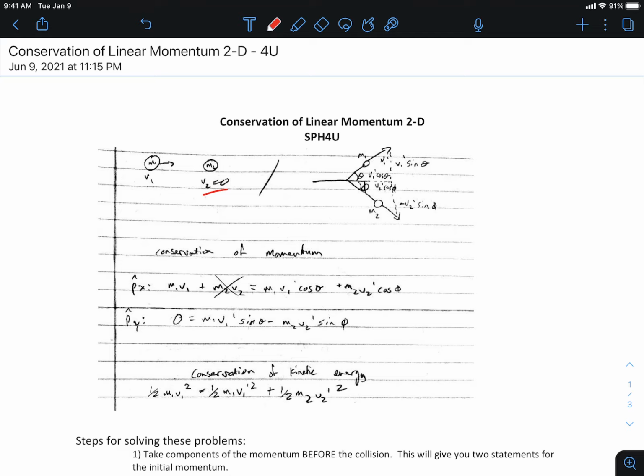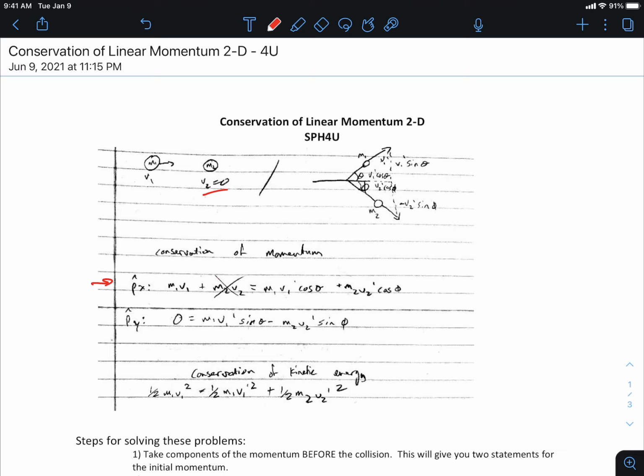And so when we come down to look at the momentum in the x direction initially, we can see that the only momentum, basically what's contributing the momentum to the entire system, is the motion of mass 1, right? Because mass 2, its velocity is 0, it's going to cancel out, it's non-existent, right?